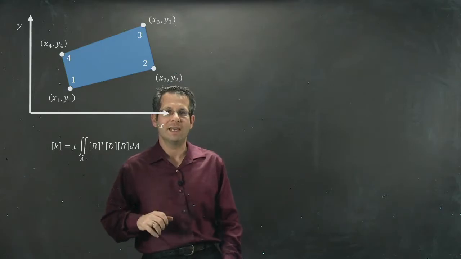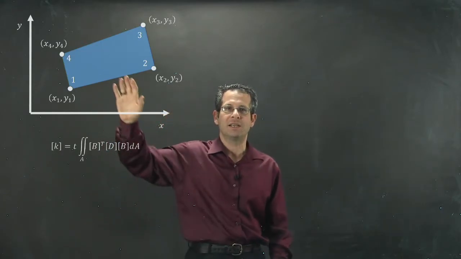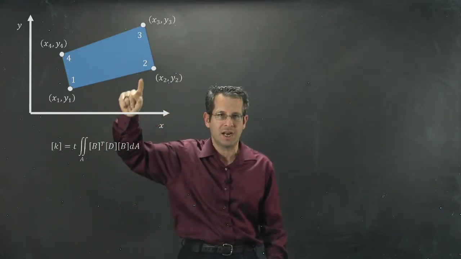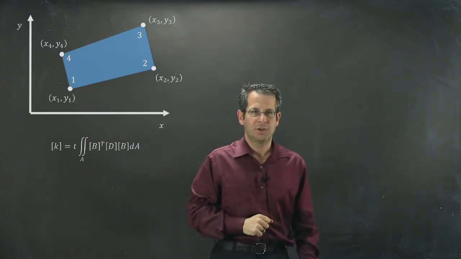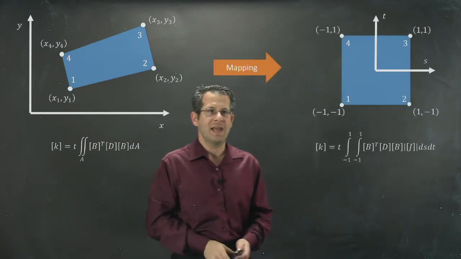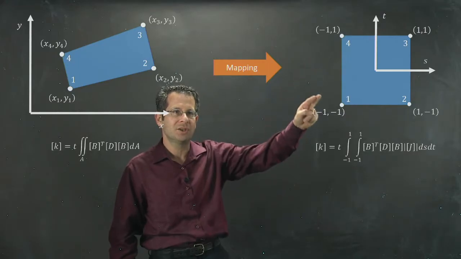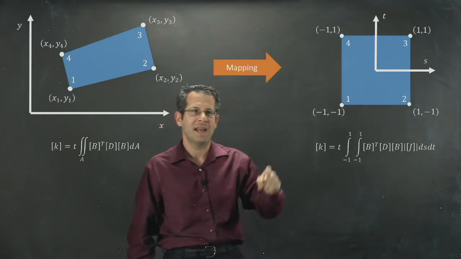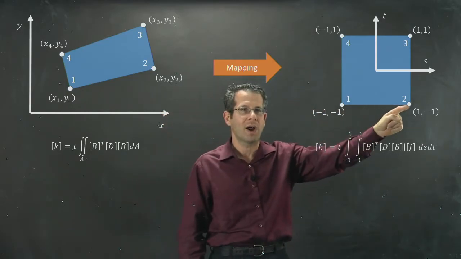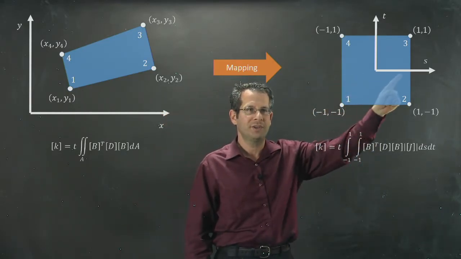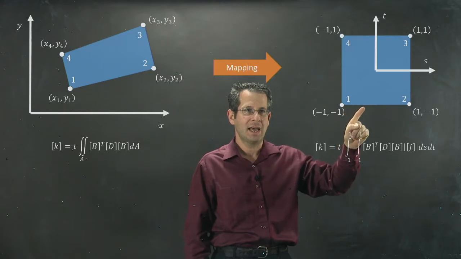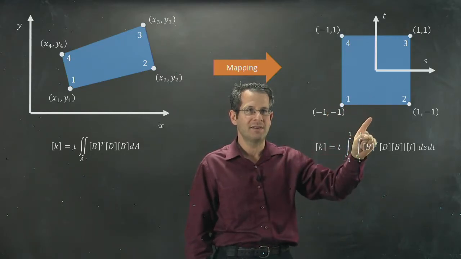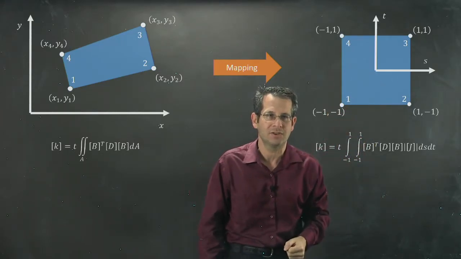Remember what we did with the isoparametric formulation is we learned how to map this generic two-dimensional element to a standard two-dimensional element now existing in ST space, but now our element is a square going from -1 to 1 in the S direction and -1 to 1 in the T direction.